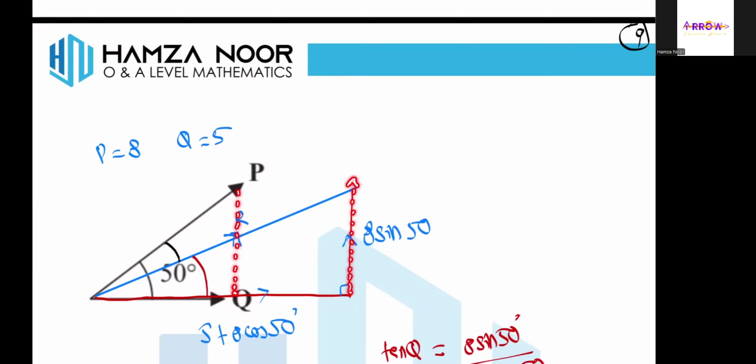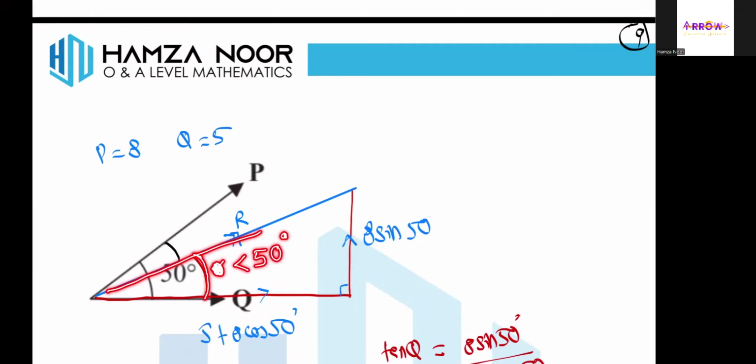Make sense or not? This definitely implies that this force, R force, is acting at an angle which is below 50 degrees. Whatever the angle over here will come, it is obviously below 50 degrees.